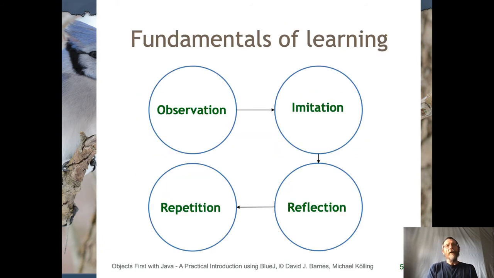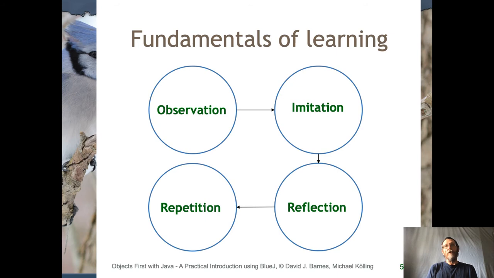Now, for our exploration of how to write source code, I want us to think about these four fundamental aspects of the way that we learn anything, not just writing programs. If you think back to the early example I used of people learning to surf, you'll appreciate that part of their learning process involved observing. A teacher showed them the kind of positions to stand on a surfboard. They will have observed that and then sought to imitate the way to stand on a surfboard on their own surfboards. So they observed, they imitated.